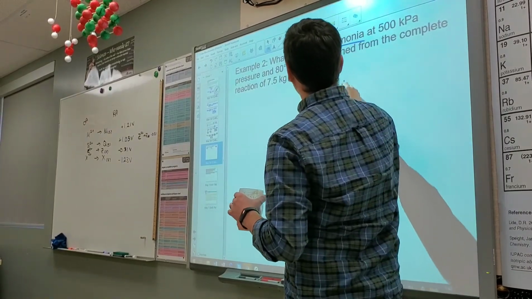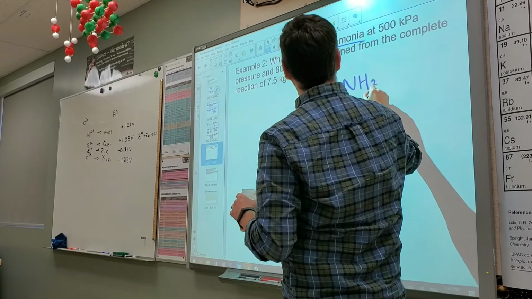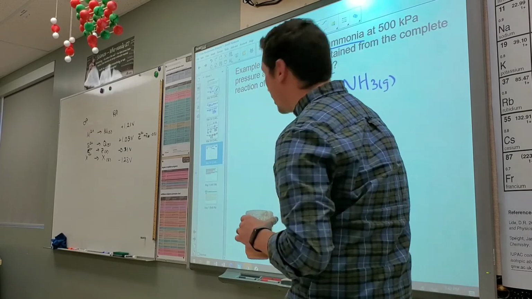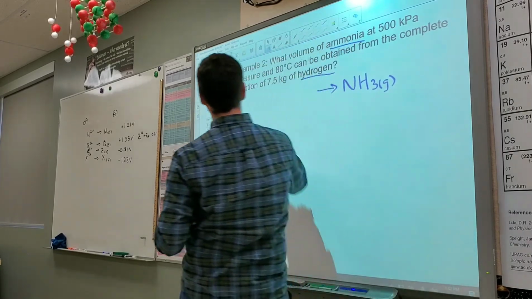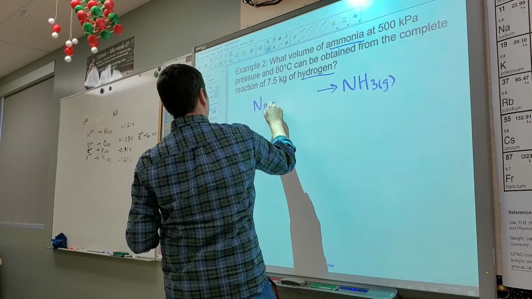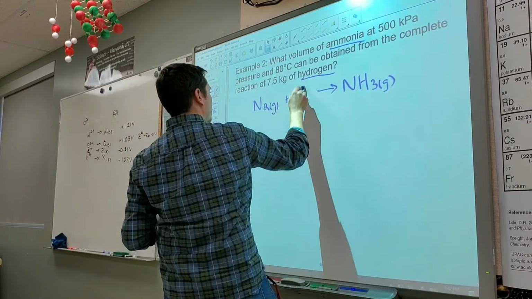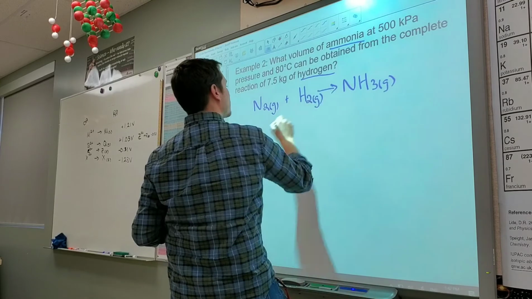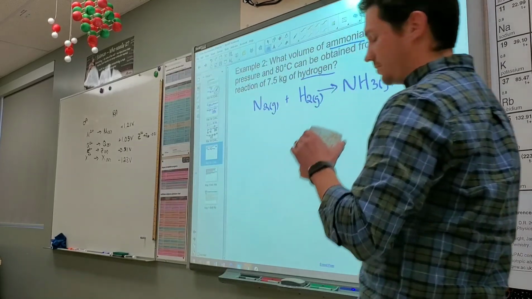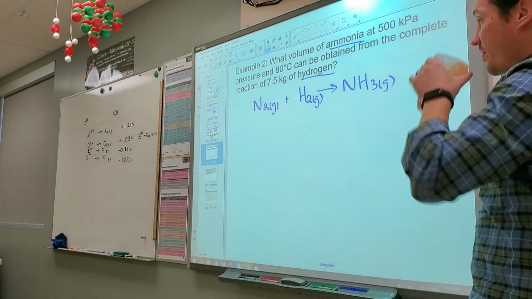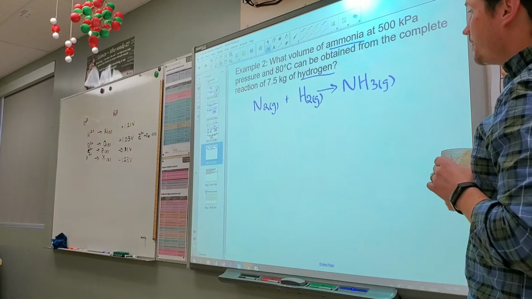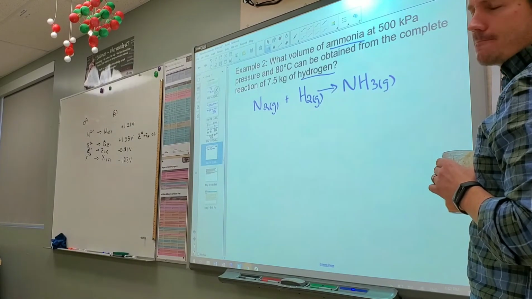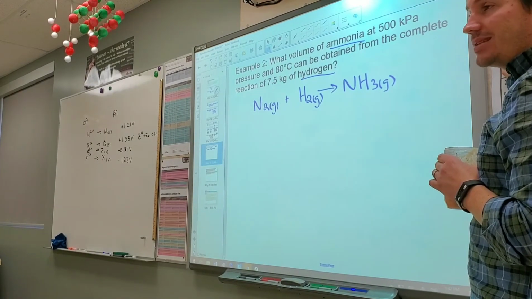How do you think we make ammonia? Nitrogen. Yeah, probably nitrogen and hydrogen, right? N2 gas plus H2 gas. How do I balance this?